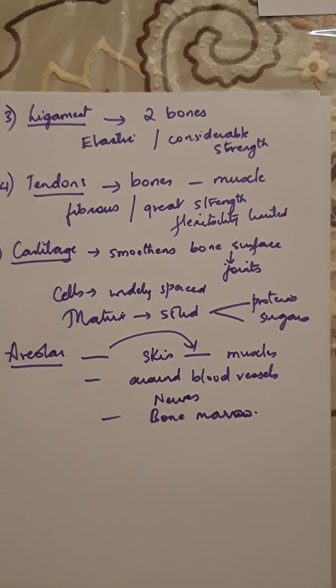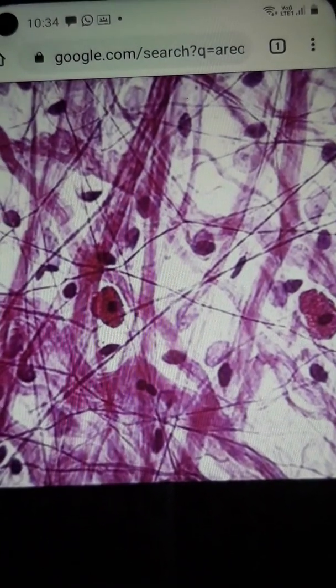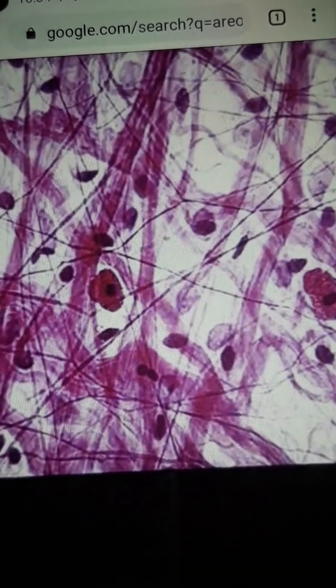Areolar tissue is a tissue which fills the space inside the organs. It supports the internal organs, and it also helps to repair tissues. So this is a picture of the areolar connective tissue.